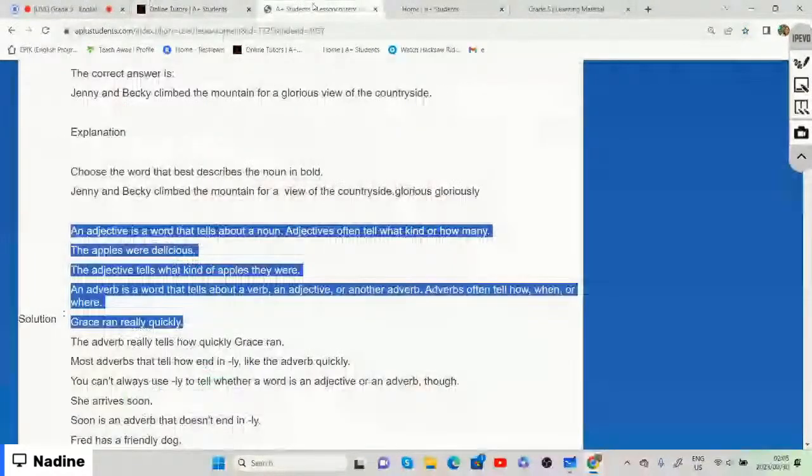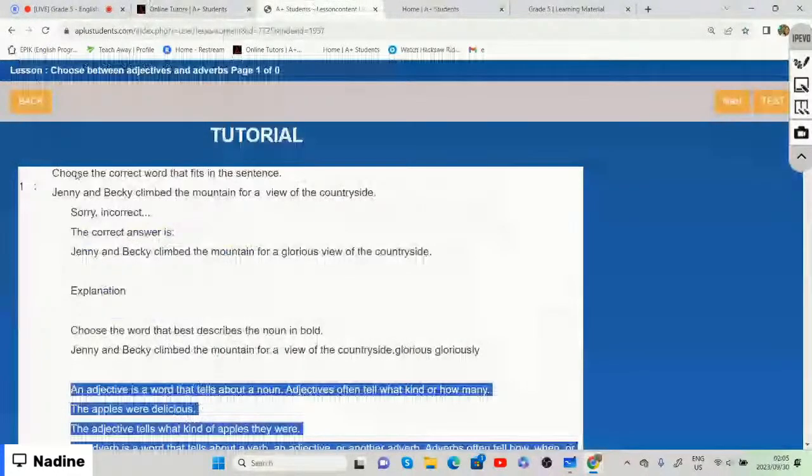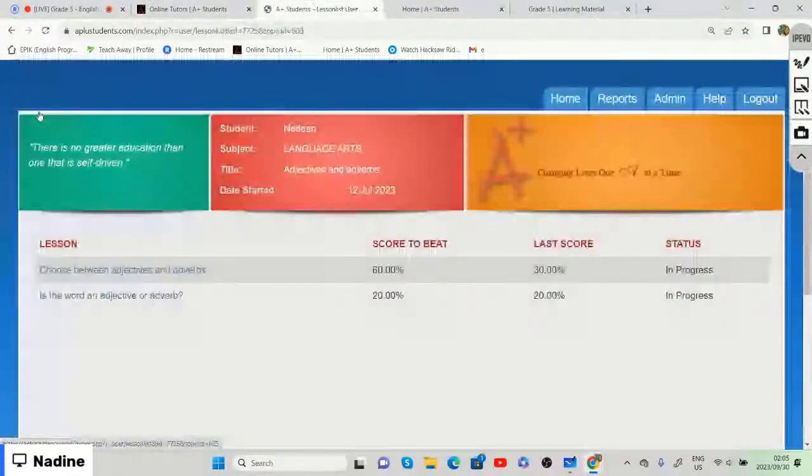Now once we have selected language arts, grade 5, you're going to scroll down until you get to adjectives and adverbs.